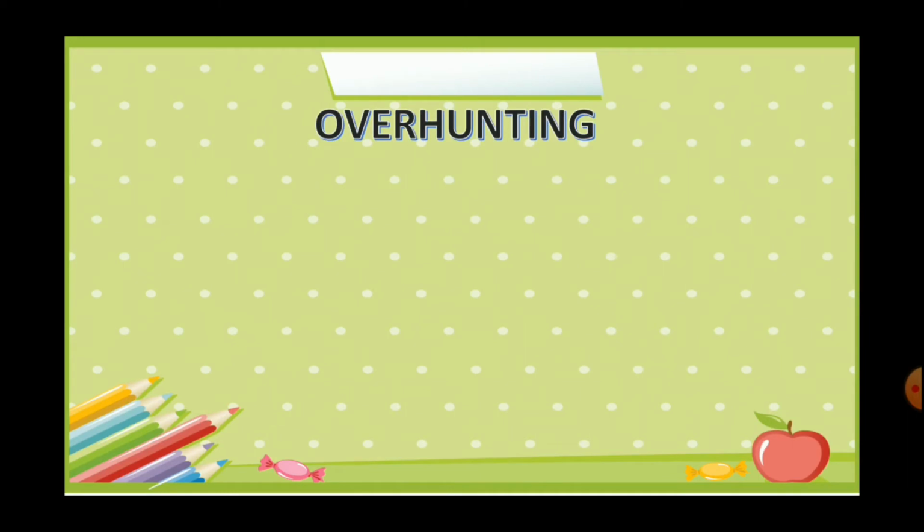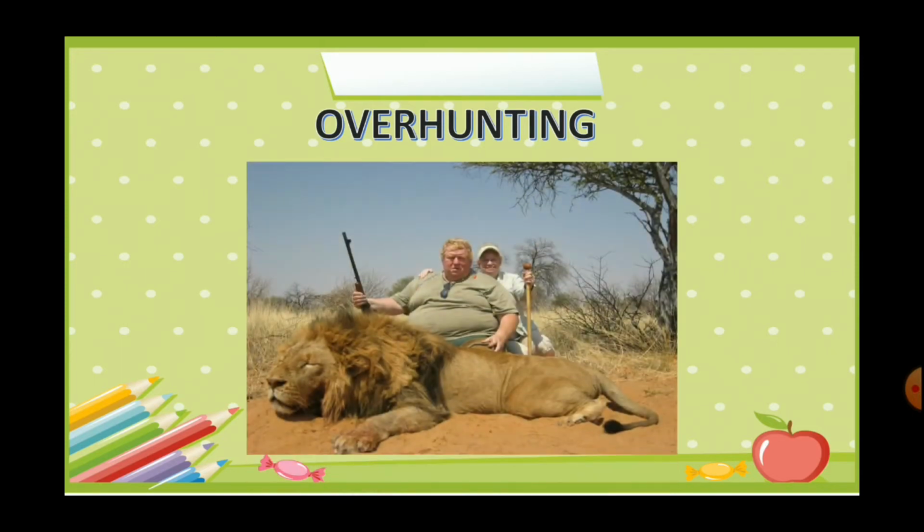The second is overhunting. Overhunting has also decreased the number of a variety of organisms on the earth, like hunting for things such as the tusk of the elephant.